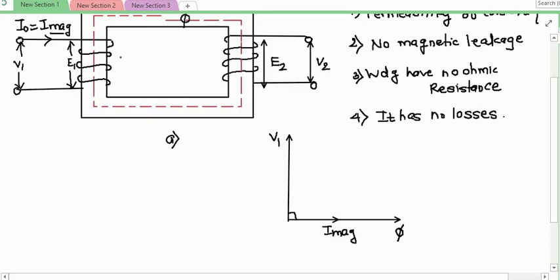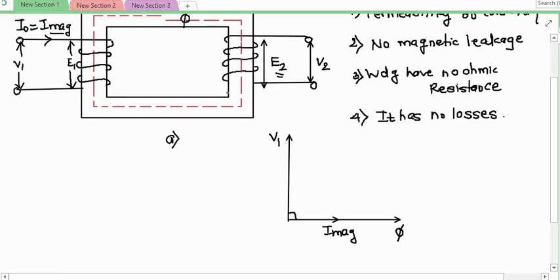Now we have assumed that this current is very small, which sets up the flux phi. This flux induces E1 of self induction in the primary winding, which will counterbalance your applied voltage V1, and it also induces the EMF E2, which is of mutual induction in the secondary winding.